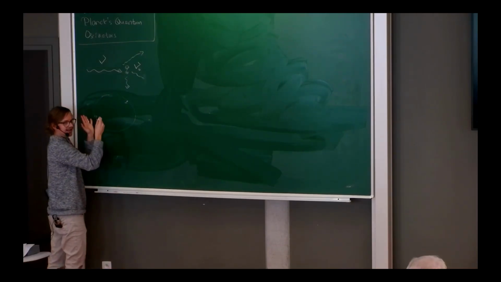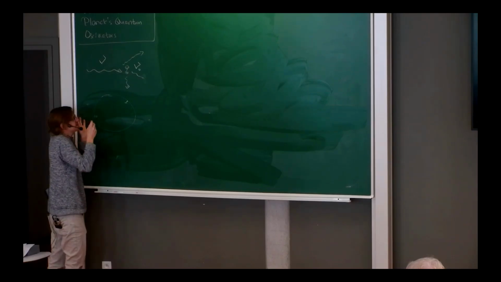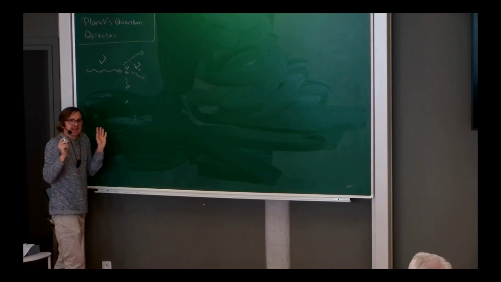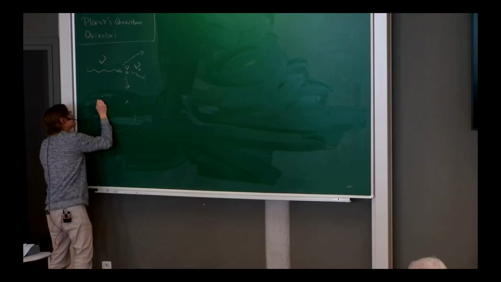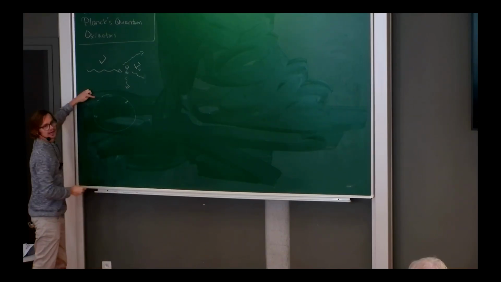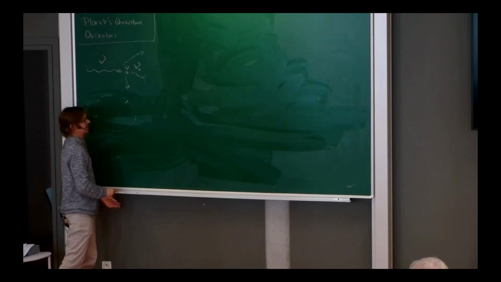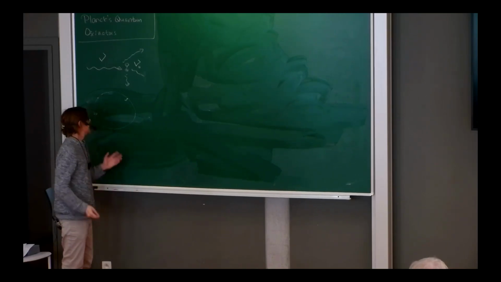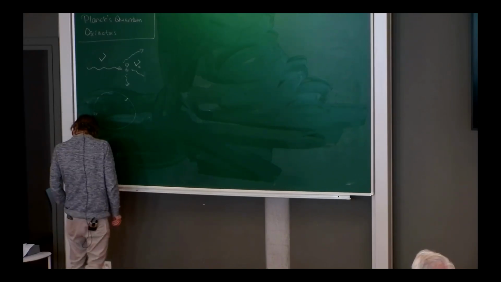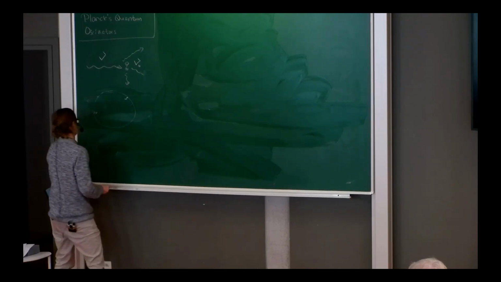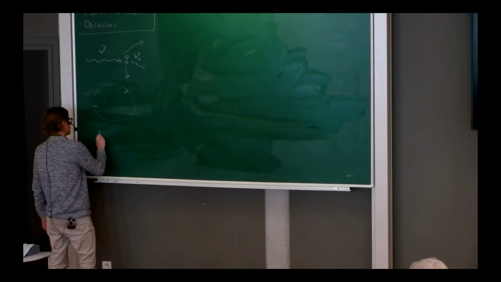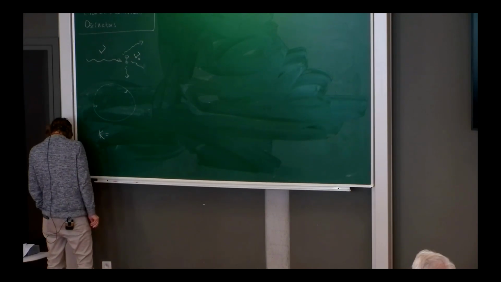And then the key point is that the energy that is radiated by this oscillator cannot escape. It can only escape through an infinitesimal hole here, which is the whole idea behind the black body radiation, right?